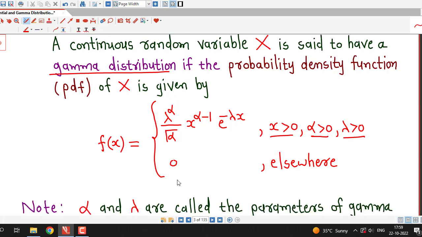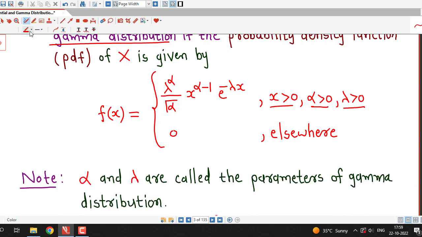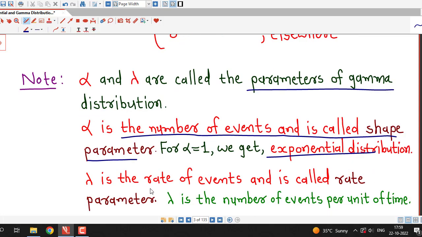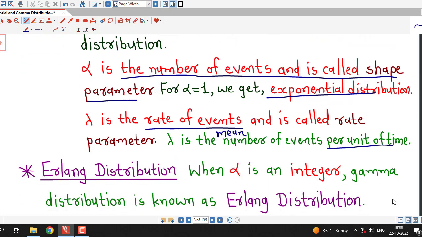Alpha and lambda are called the parameters of gamma distribution. Alpha is the number of events and is called the shape parameter. For alpha equal to 1, we get exponential distribution. Lambda is the rate of events and is called the rate parameter. Lambda is the average number of events per unit of time.